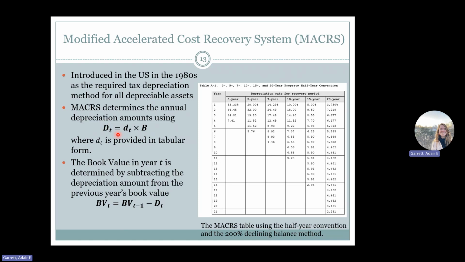So you can see here that the depreciation charge, large D sub t, is equal to small d sub t, which we can get from our tables, times B, that initial cost. We're also able to determine the book value by subtracting the depreciation amount from the previous year's book value, or by subtracting the total depreciation for years 1 through t minus 1 from the first cost.